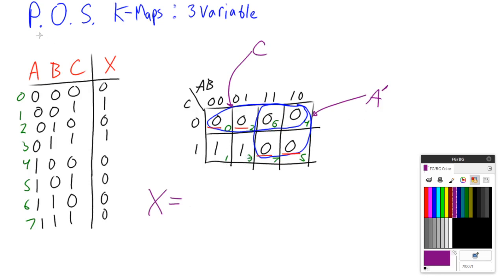The name is product of sums, meaning that we've got some things ORed together, in which case we don't really have anything ORed together because they're all just one variable terms. But then we have a product, meaning that we AND them together. So that means we've got C and A prime. And there we go. That's our function for this problem.